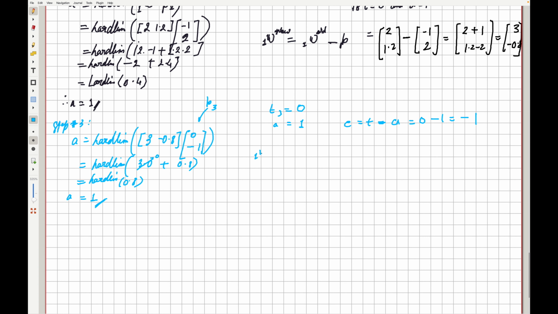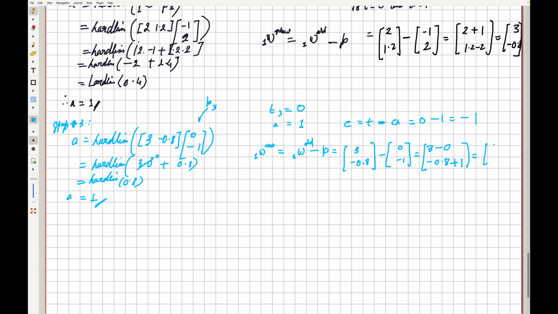So we say W1 new is equal to W1 old minus P again, and this time we have the value of W as 3, 0.8 minus the value of P3 which is 0, minus 1, and so we plug this in, we get 3 minus 0, then minus 0.8 minus minus 1 becomes plus 1.